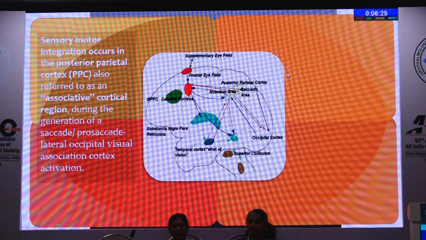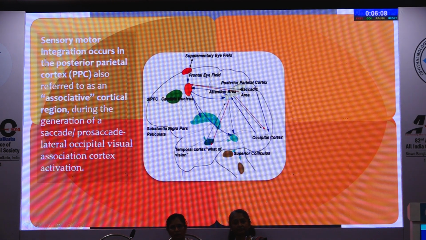One of the important places is the posterior parietal cortex, which is a sensory motor integration center. This gets activated on seeing any kind of stimulus, and also during the generation of a saccadic movement or a prosaccade, and this sends impulses to the occipital cortex, thereby stimulating it.